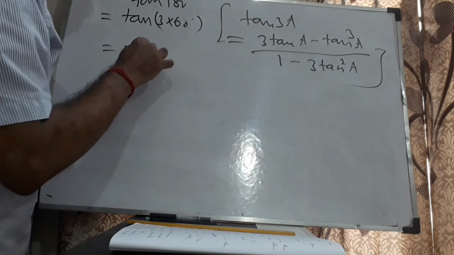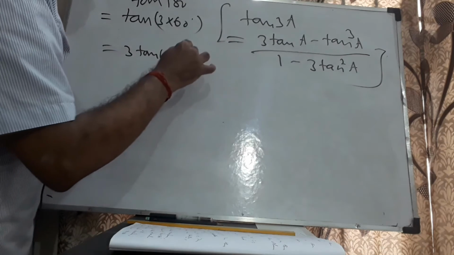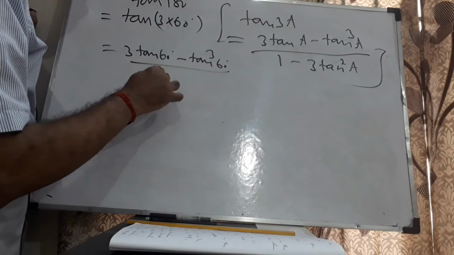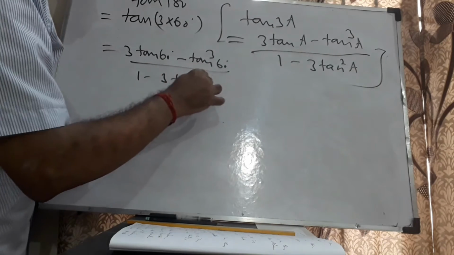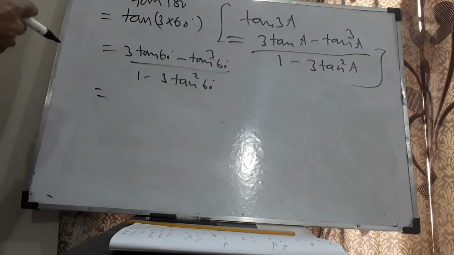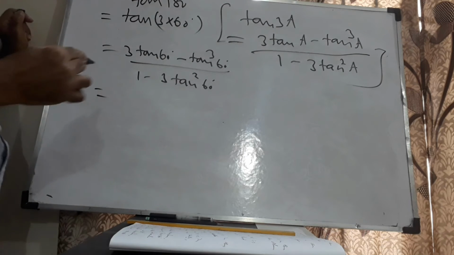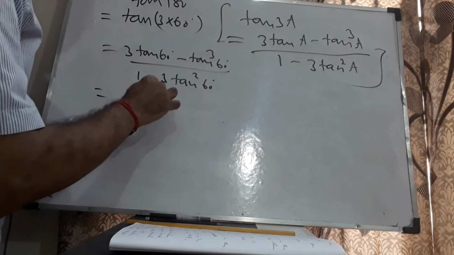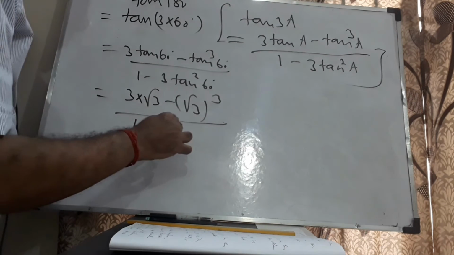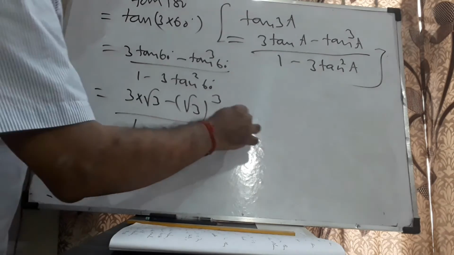Therefore, this is 3 tan 60 degrees minus tan cube 60 degrees divided by 1 minus 3 tan square 60 degrees. You know very well tan 60 degrees value is root 3. Now 3 into root 3 minus root 3 the whole cube by 1 minus 3 into root 3 the whole square.